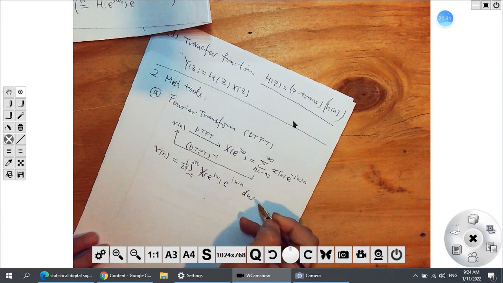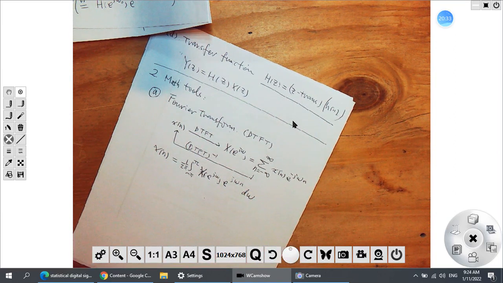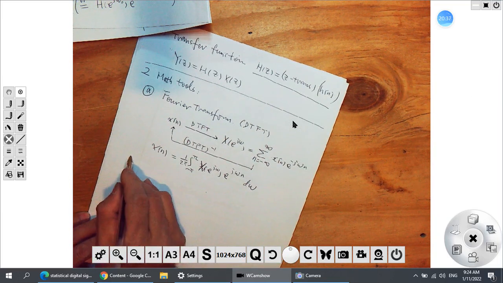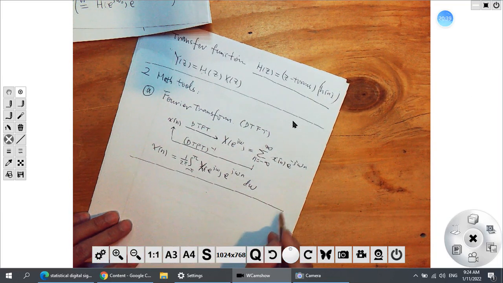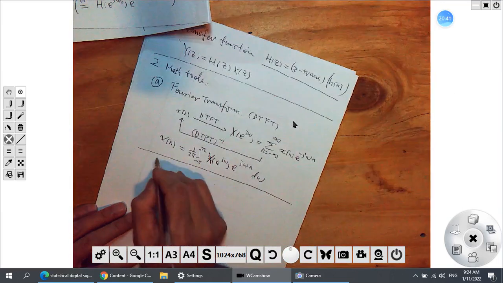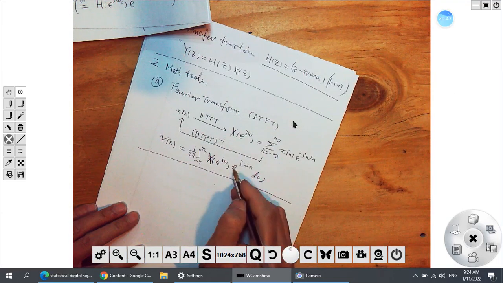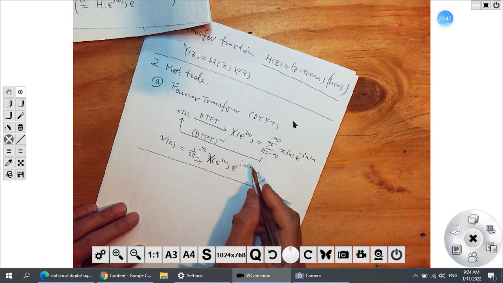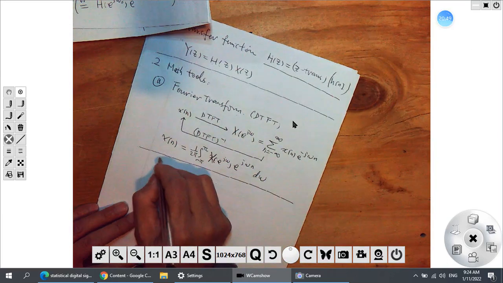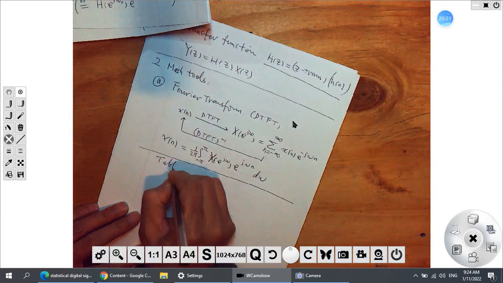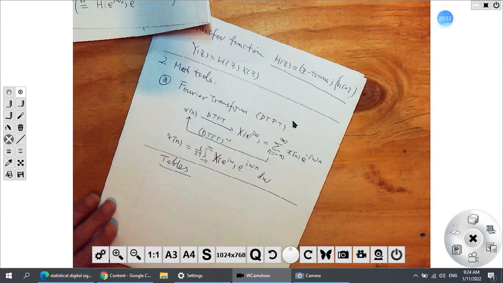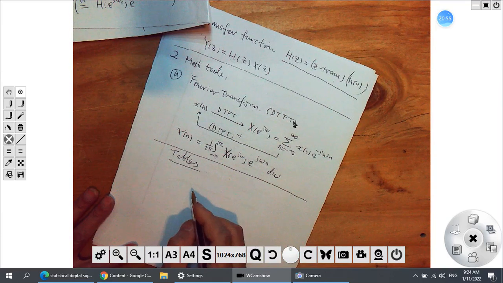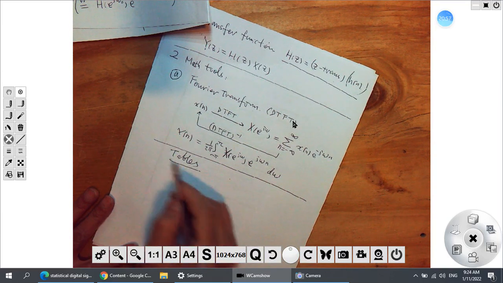Now we have this one. This is the inverse DTFT. All right. And of course, in most cases you do not need to calculate these directly based on the definitions. That will cost a lot of time. We use tables. Okay. Yeah. So this is the math tool for the Fourier transform.